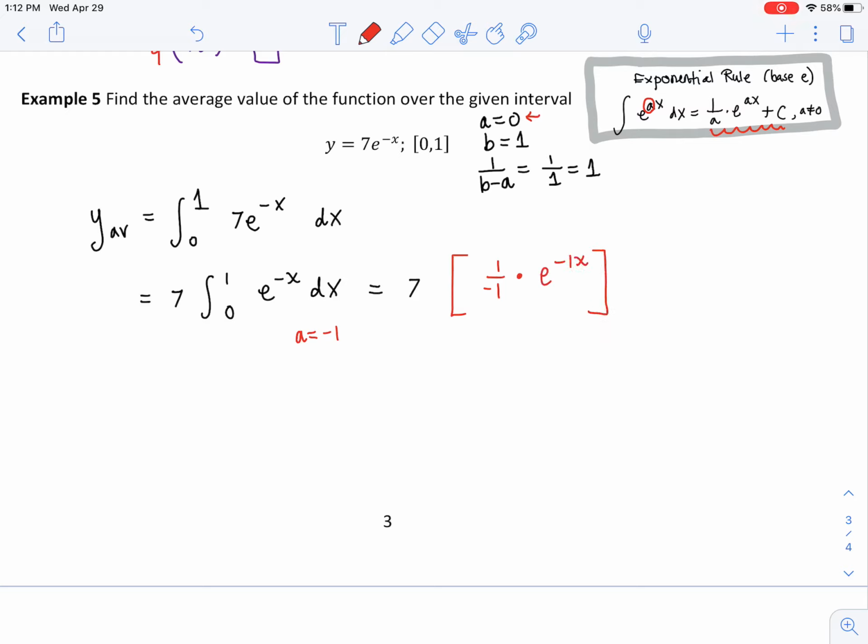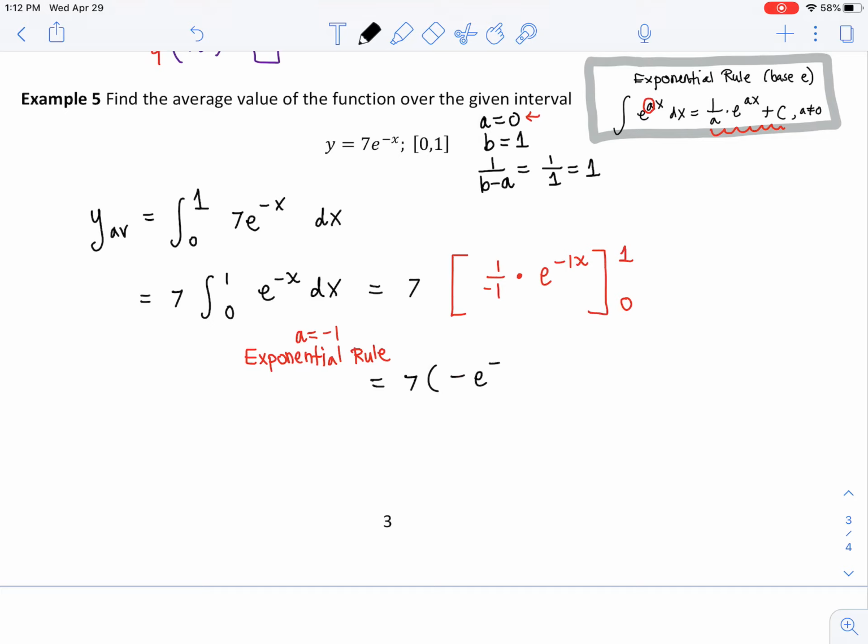That's going to be 1 over negative 1 times what? e to the negative 1x, right? And no more plus C because we are about to plug in our bounds, 1 and 0. It looks so complicated, but all we really did was use the exponential rule.